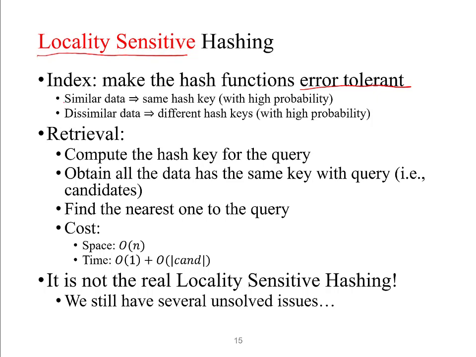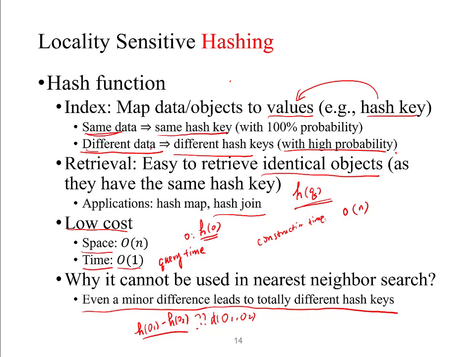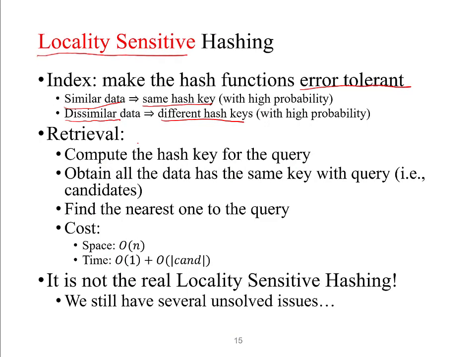So in this case, for similar data, we want them to have the same hash key, and for dissimilar data, we want them to have different hash keys. Previously, it was the same data and different data, but here it is similar data or dissimilar data.